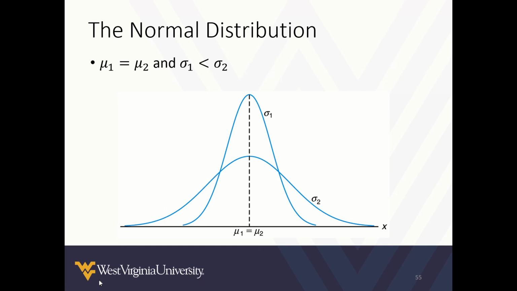In this case, we were given identical means, but two different standard deviations. In this case, standard deviation 1 is smaller than the second standard deviation. The smaller the standard deviation, the smaller the distance away from the mean.